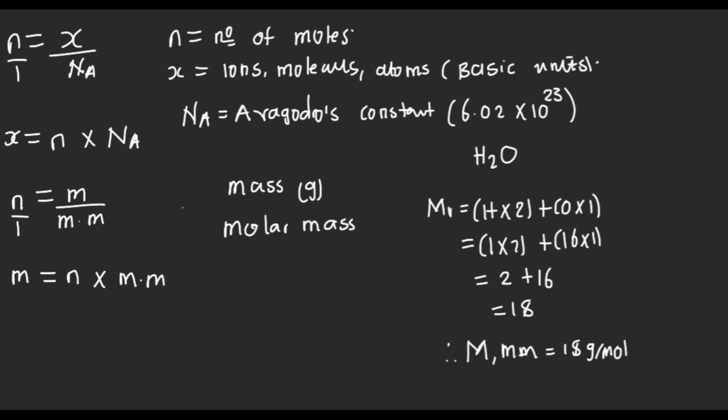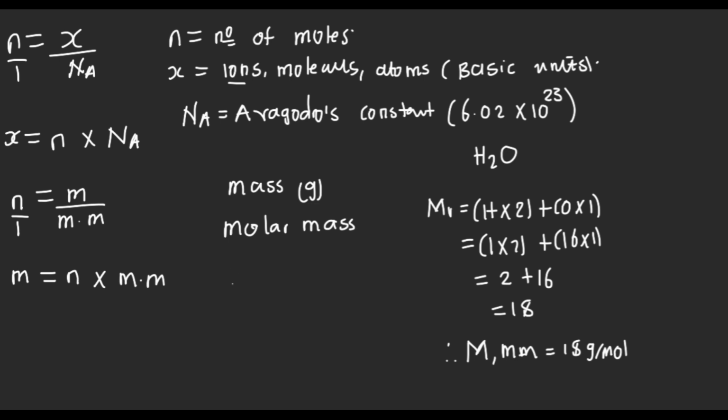Now sometimes you may be given questions where you are given ions or molecules, and you are told to find the mass, and you don't want to find each separately, you want to find it at once.